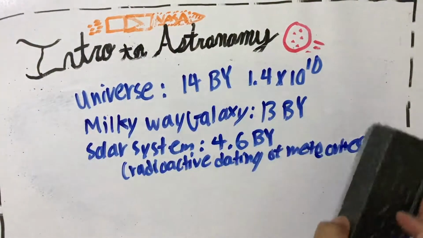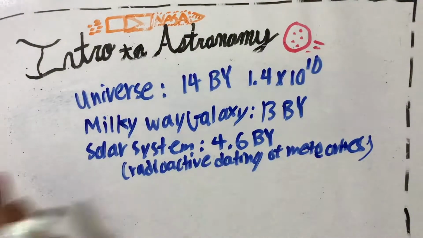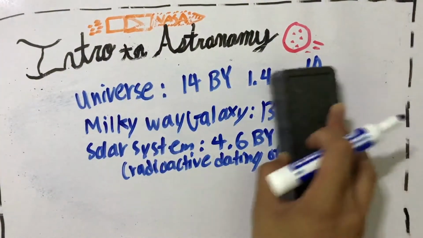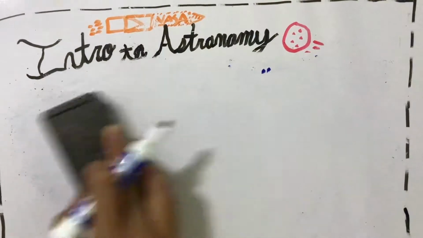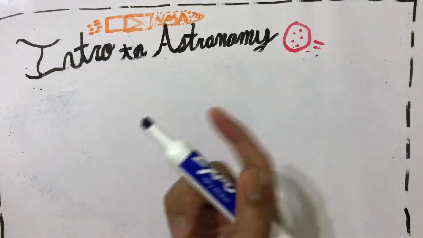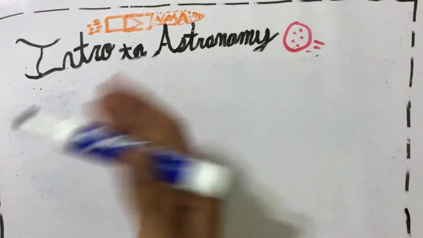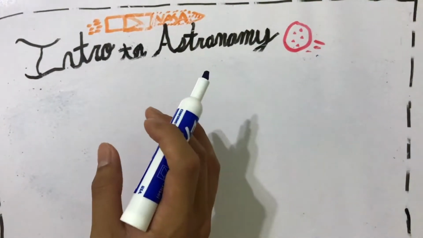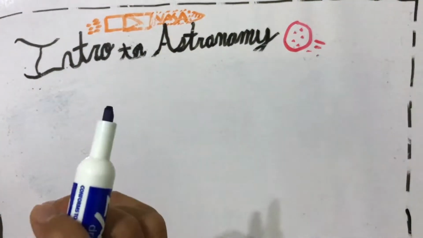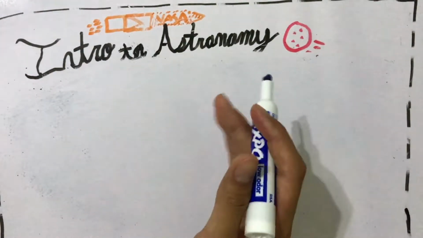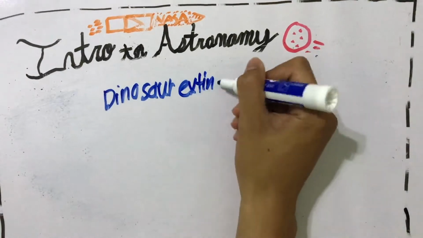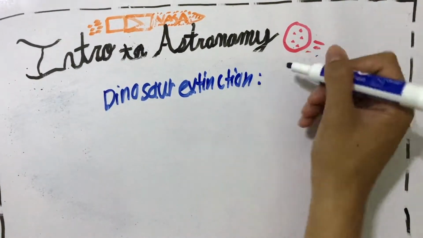And now we're going to go ahead and address the timescales for our planet. The first unicellular life that grew on Earth was about 3.5 billion years ago. That's not really a critical date that you have to remember, but if you were interested in the dinosaur extinction, this is about 66 million years ago.